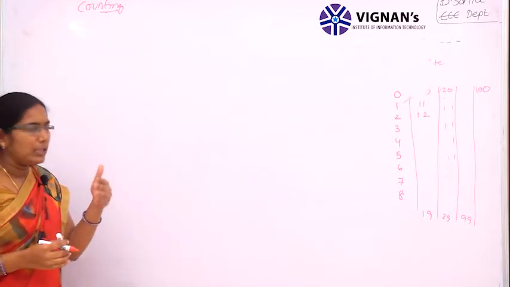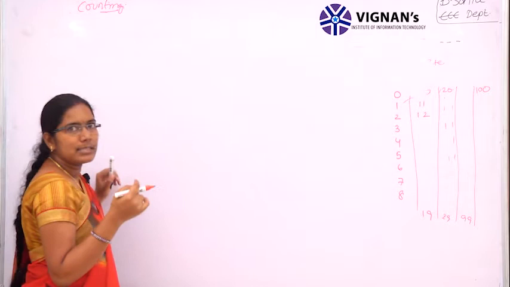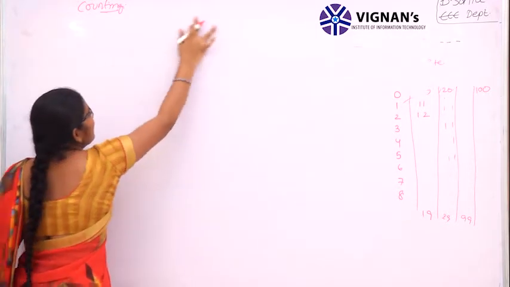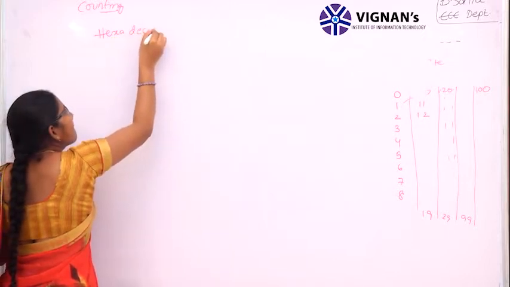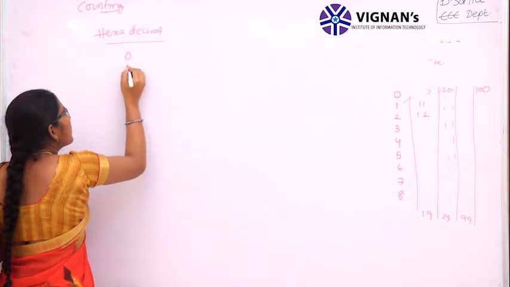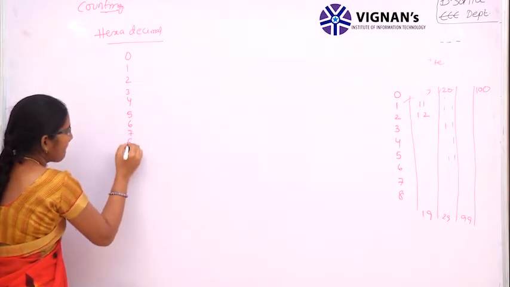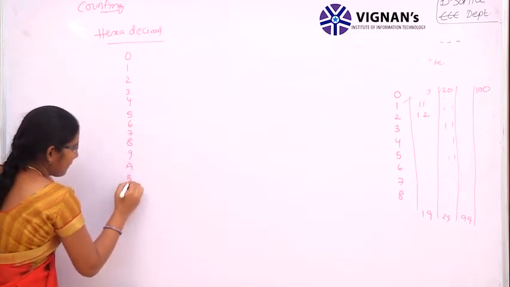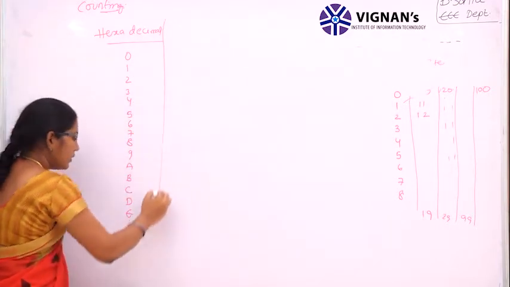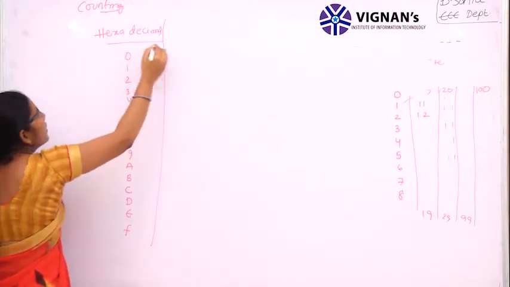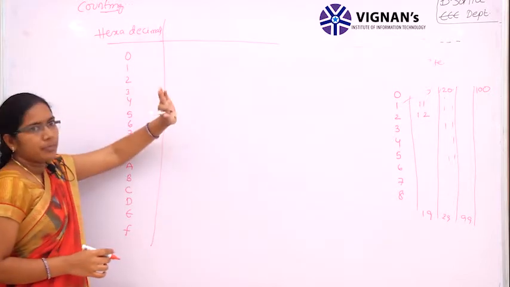Here we will write the equivalent values. As we are acquainted with 4 number systems, binary, decimal, octal and hexadecimal, I will start with hexadecimal numbers. Now I will write the equivalent decimal value.